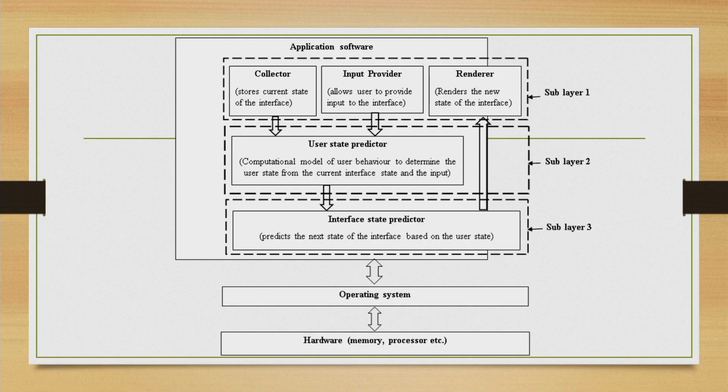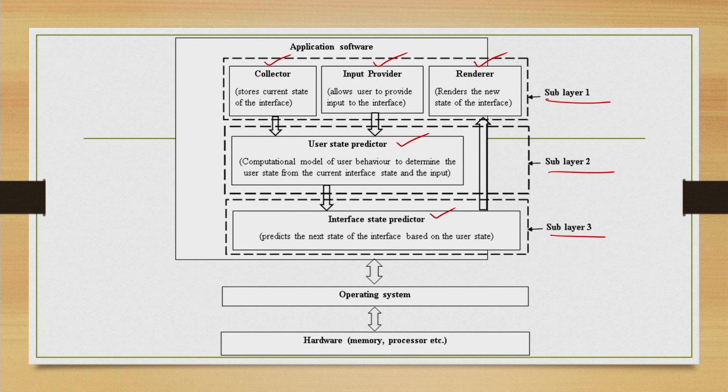So, if you can recollect, in the framework we have 5 modules. 3 of the modules are organized in sublayer 1, namely the collector, the input provider and the renderer. One module is there in sublayer 2, that is the user state predictor, and in sublayer 3 there is the 5th module, the interface state predictor.